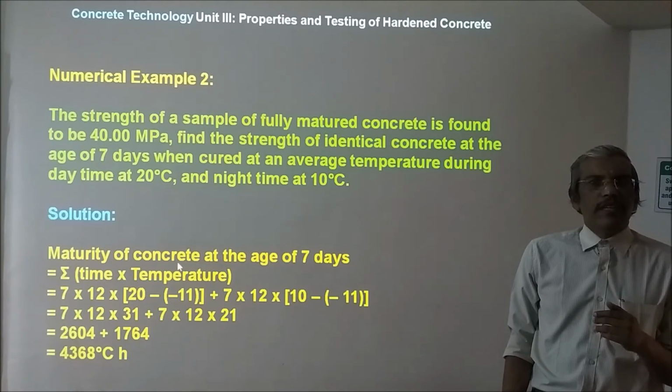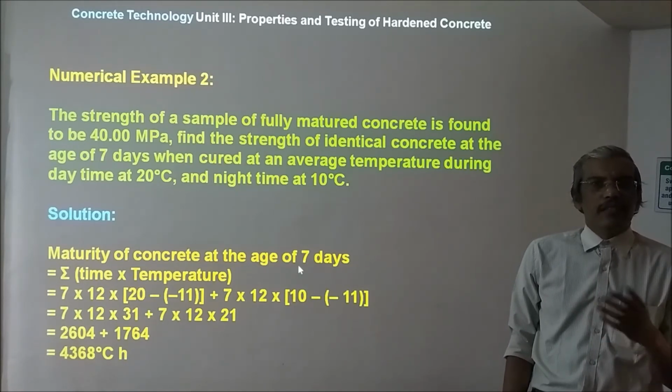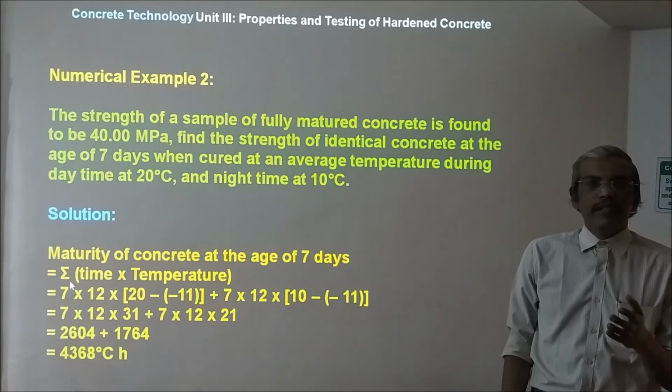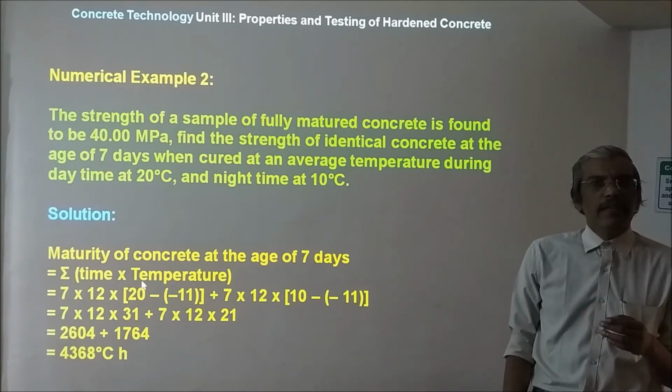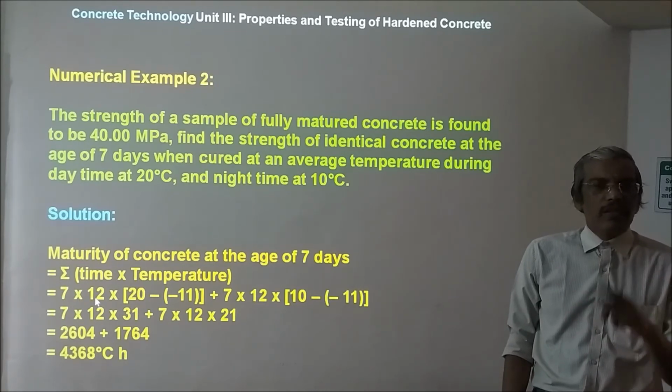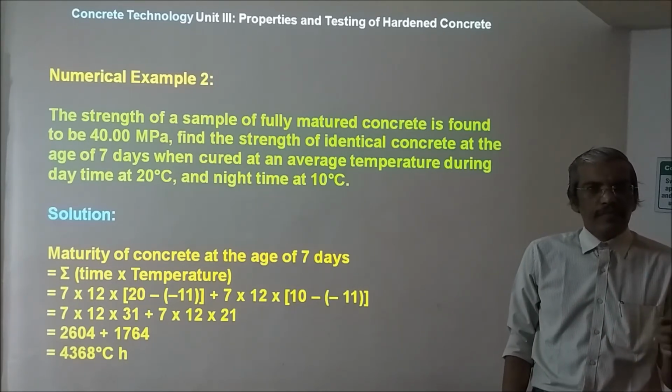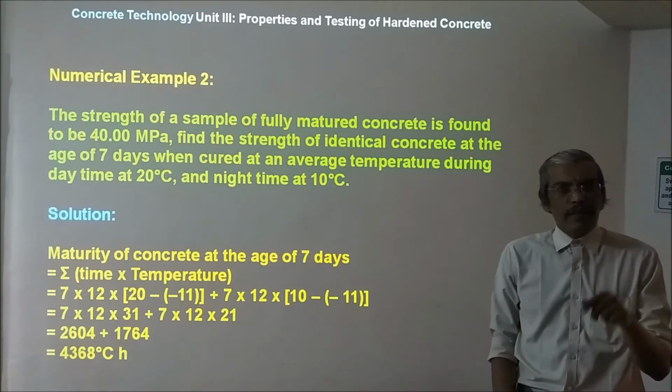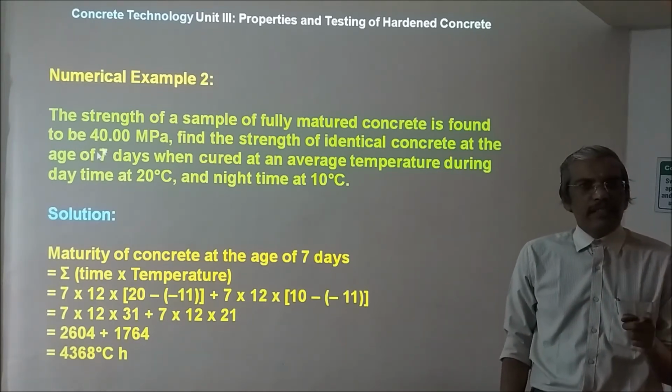Maturity of the concrete at the age of 7 days is equal to the summation of time multiplied by temperature. So at 7 days, we have 7 multiplied by 12, because it is 12 hours of daytime, and the night time is also there, so separately 12 hours.